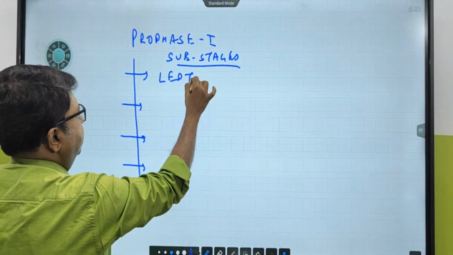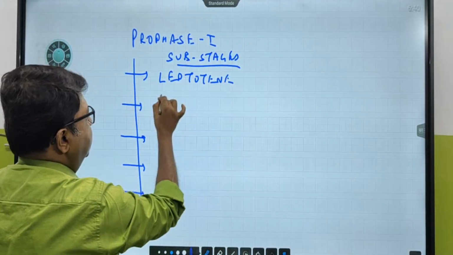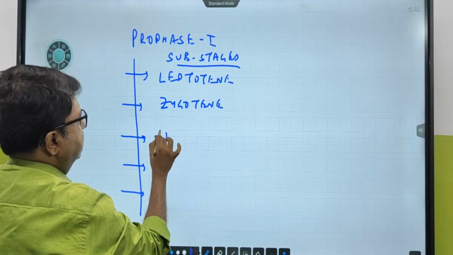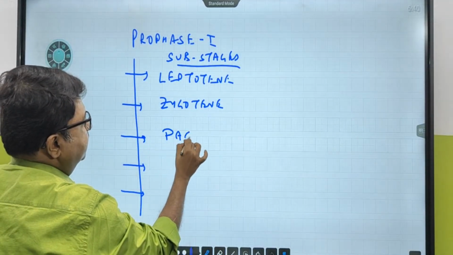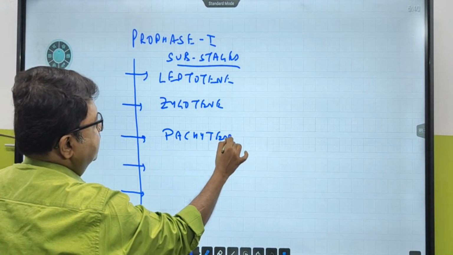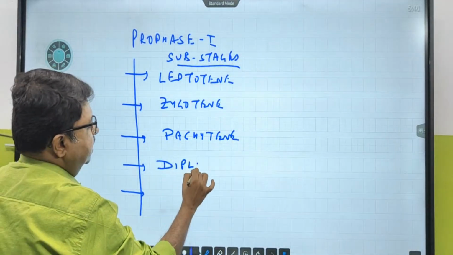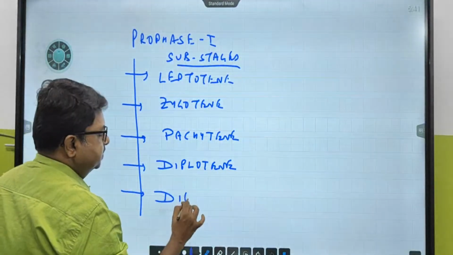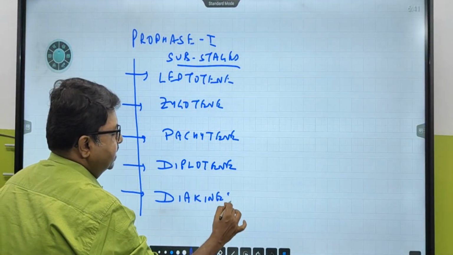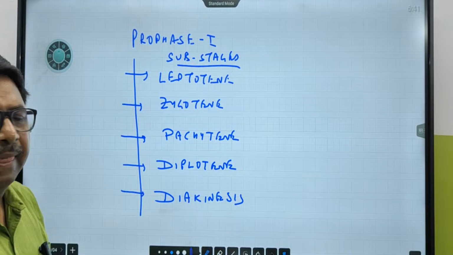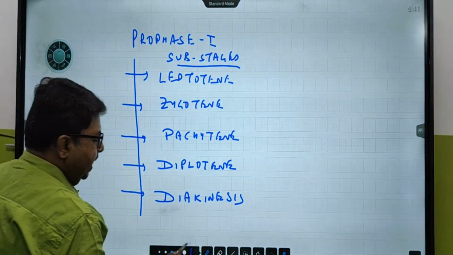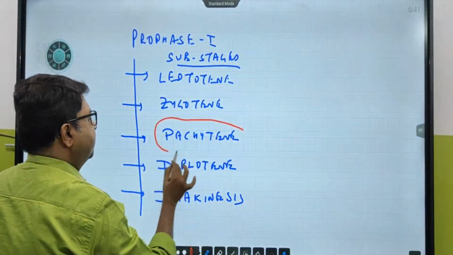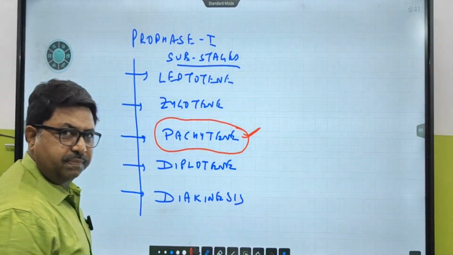The first one is leptotene, then zygotene, then pachytene, diplotene and diakinesis. Is this clear? Now these are the 5 substages, and mind you, whenever the examiner wants to ask questions, their favorite question is this stage.